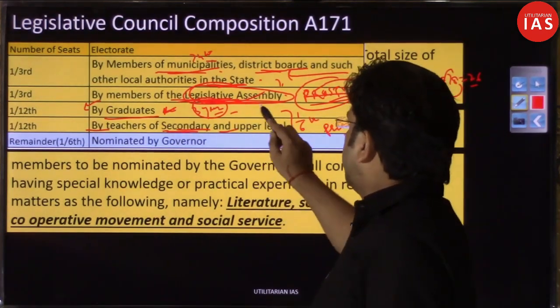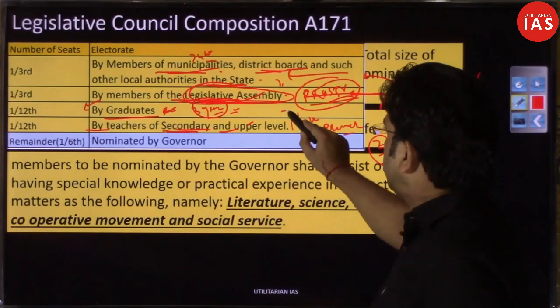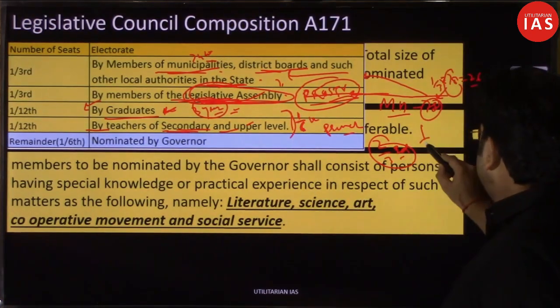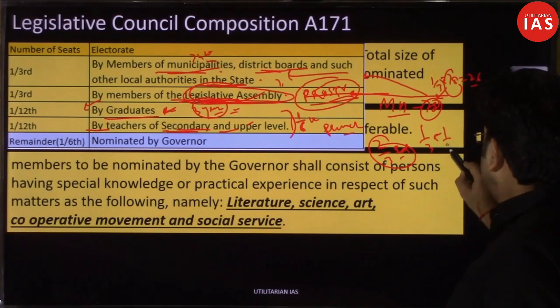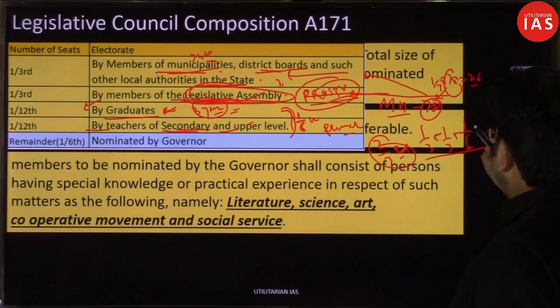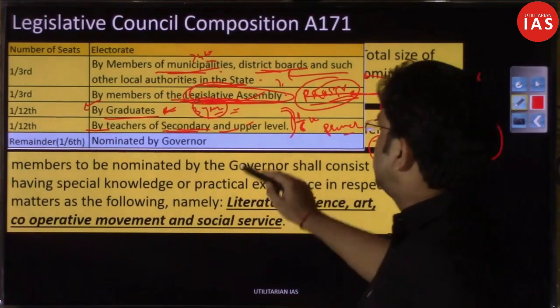So 1/12 by graduates and 1/12 by these teachers. If you combine, that is 1/6. So 1/3 plus 1/3 plus 1/6 has been elected, and the pending members are 1/6. The remainder will be nominated by the Governor.